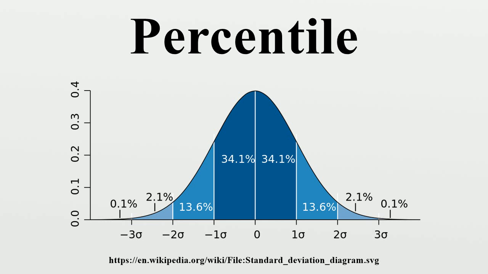Thus, rounding to 2 decimal places, -3 is the 0.13th percentile, -2 the 2.28th percentile, -1 the 15.87th percentile, 0 the 50th percentile, +1 the 84.13th percentile, +2 the 97.72nd percentile, and +3 the 99.87th percentile.